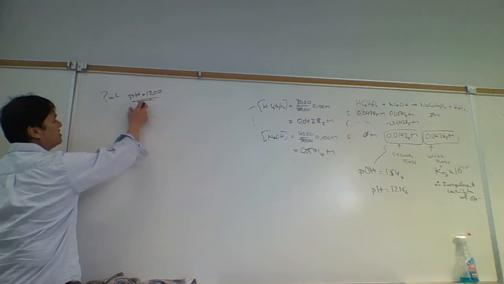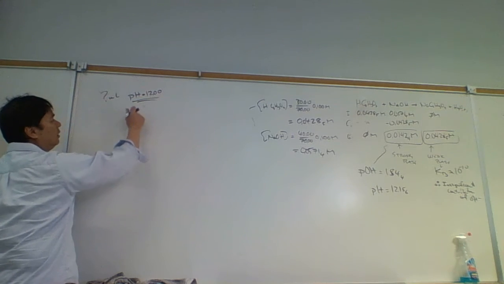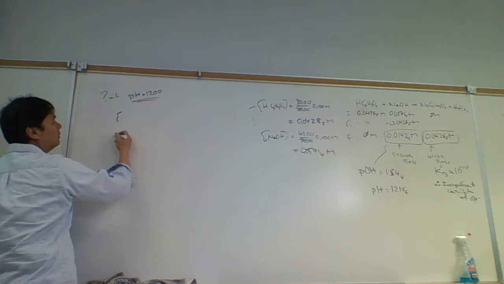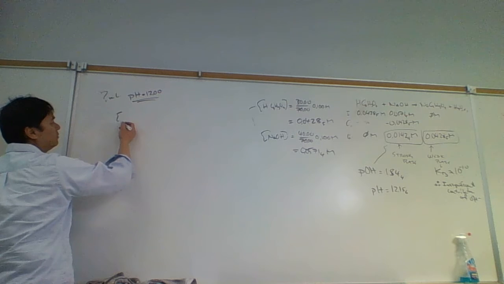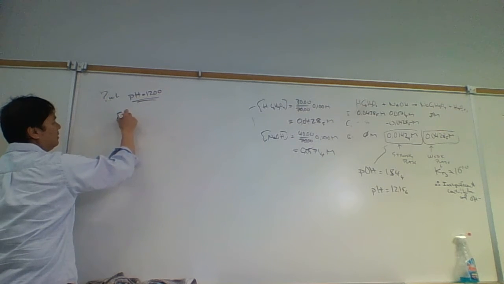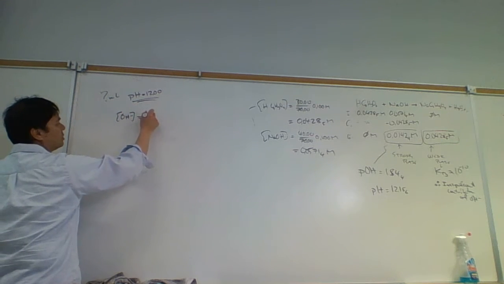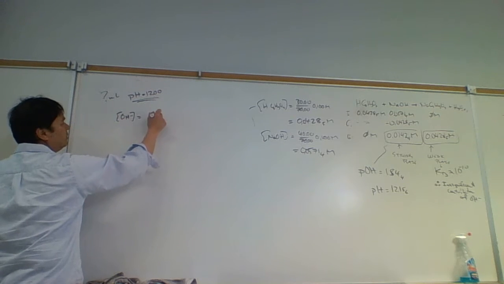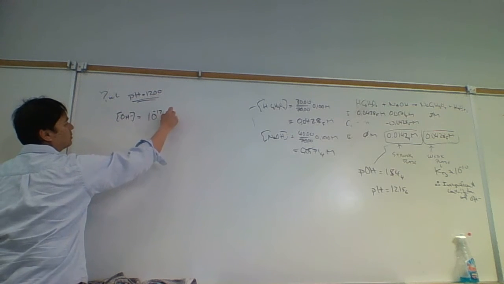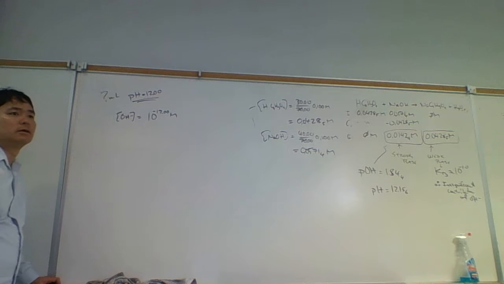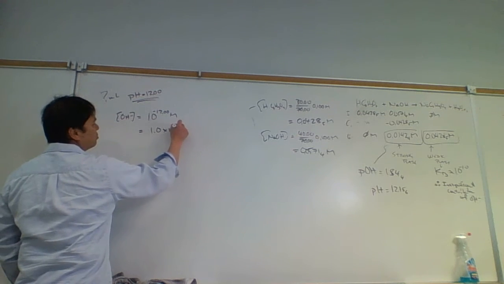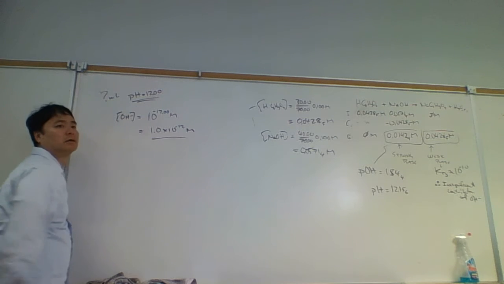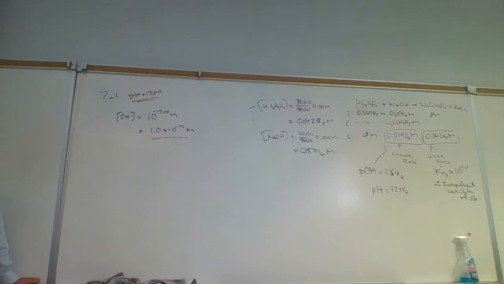And so the first thing is, this is the total... what's that? If I have a pH of 12.00, does that mean that the hydroxide ion concentration would be 10 to the minus 12.00 molar? Is that right? 10 to the minus 12 is 1.0 times 10 to the minus 12 molar hydroxide.